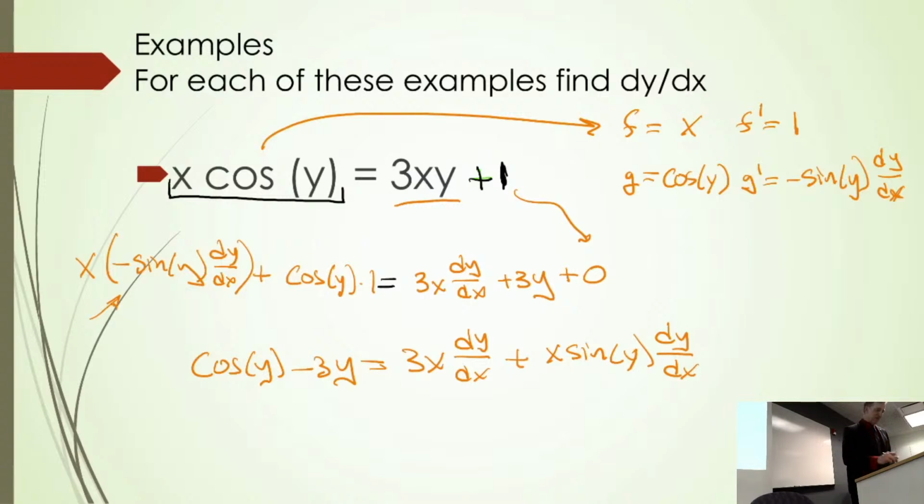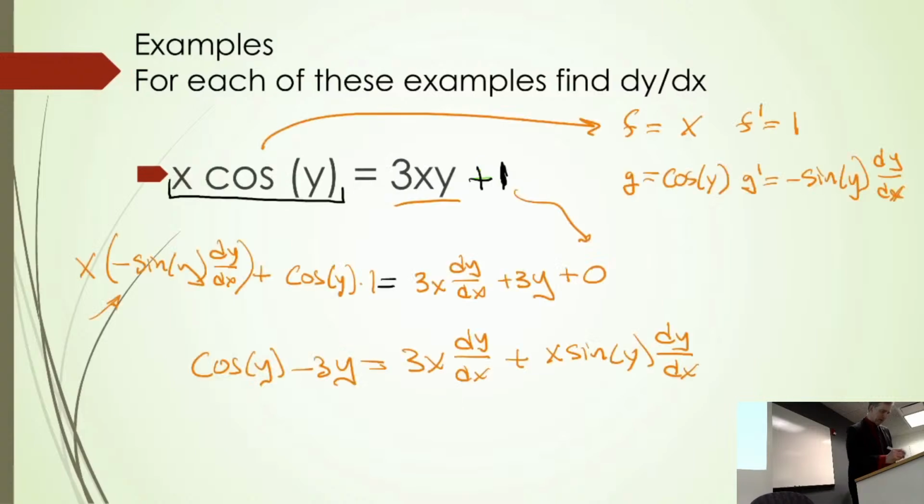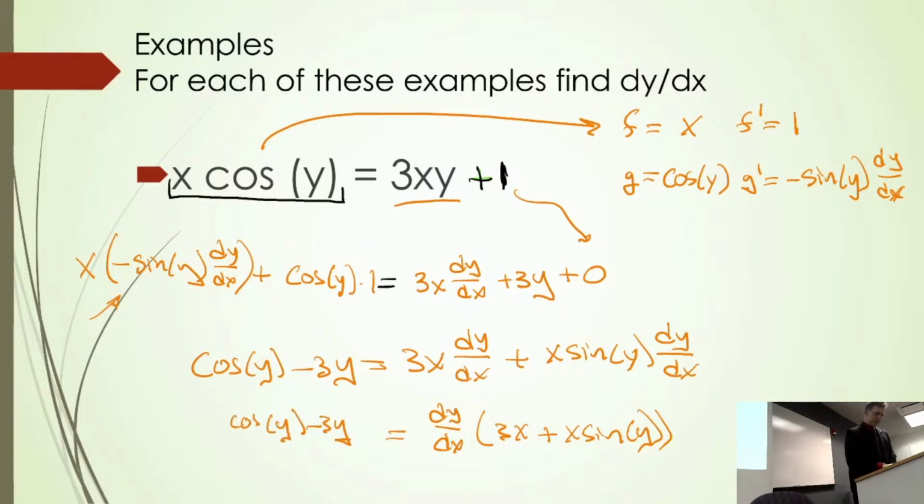Let's factor dy over dx. Okay, dy over dx times 3x plus x sine of y equals cosine of y minus 3y.